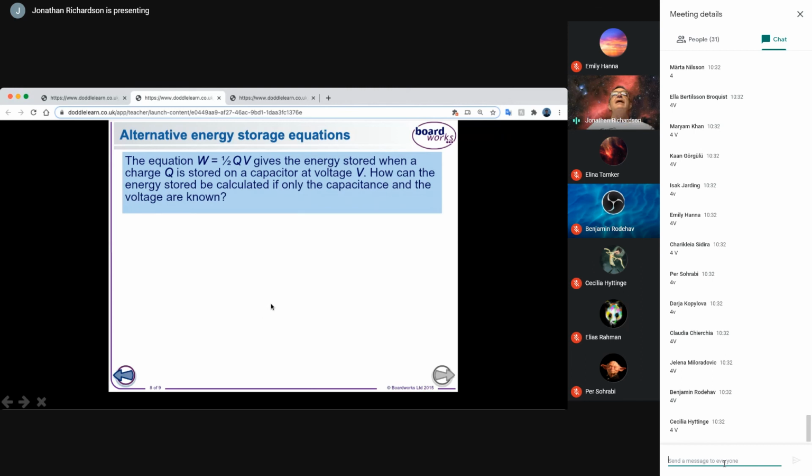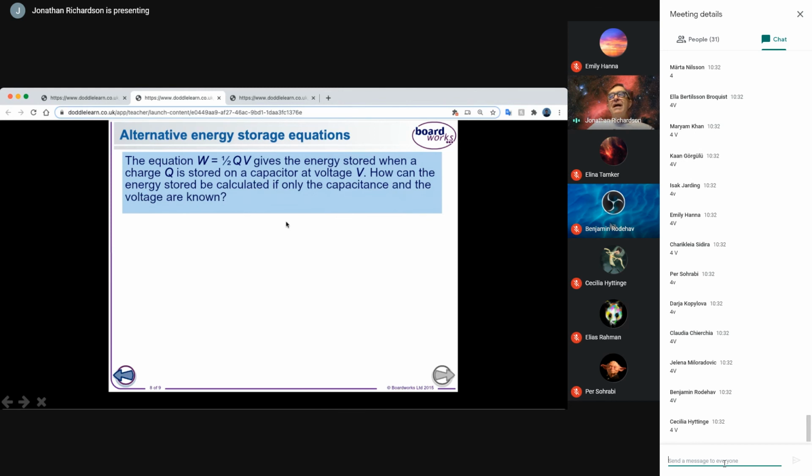Now, if we can see all of these alternate ways, the equation gives us the stored energy when a charge Q is stored in a capacitor at a given voltage. How can the energy stored be calculated if only the capacitance and the voltage are known?